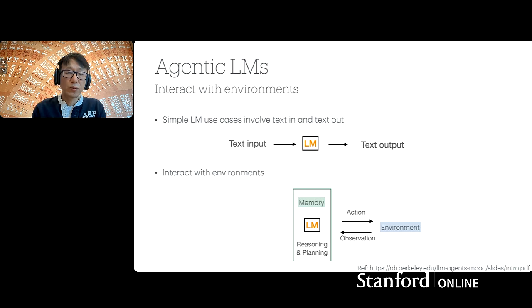Agentic language model usage could be that the language model does something with the environment by generating tool usage or a retrieval request. Then the environment, anything outside of the language model, could provide an output, information that can be fed back to the language model as an observation.